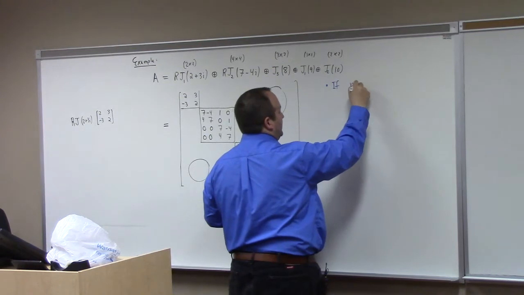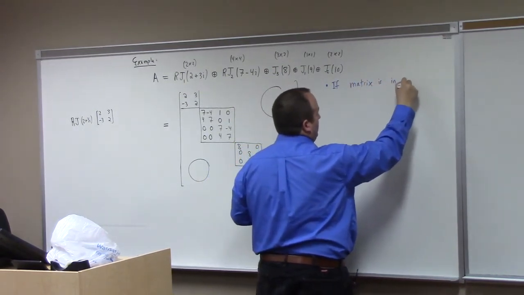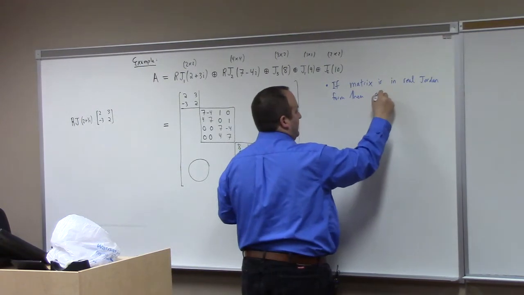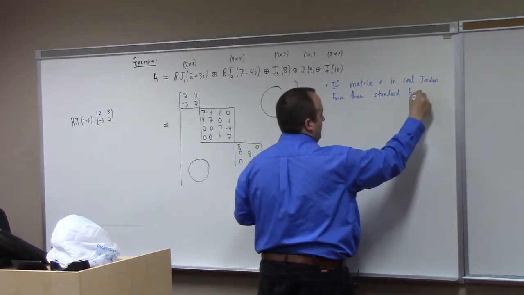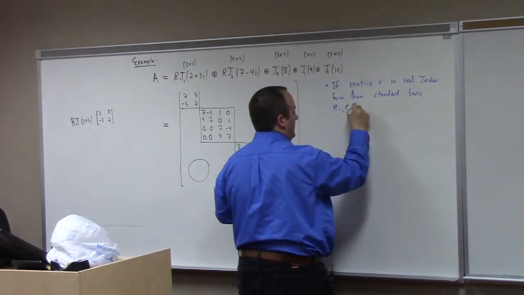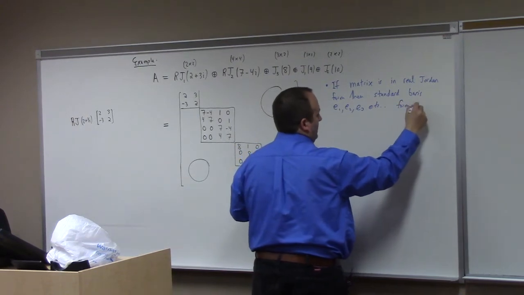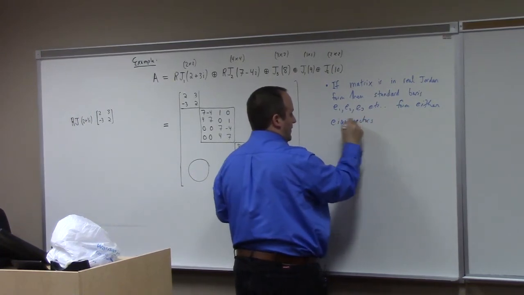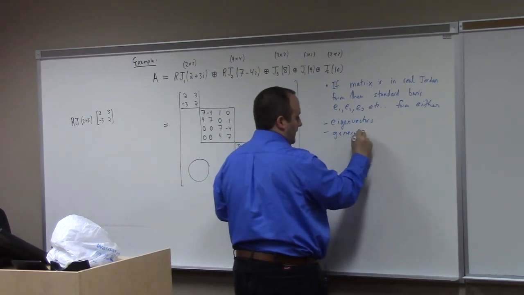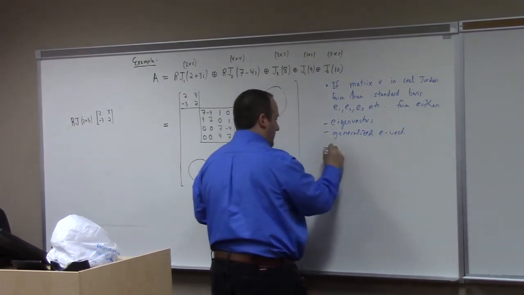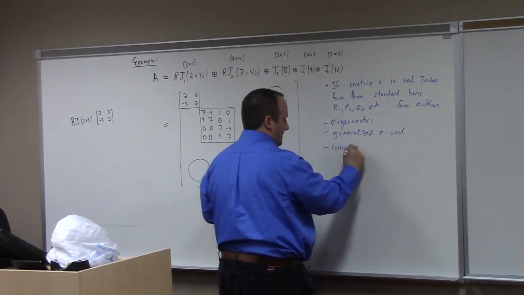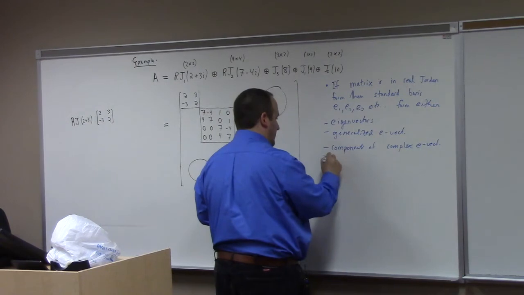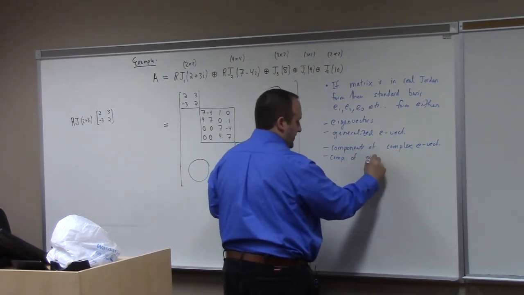If a matrix is in real Jordan form, then the standard basis E1, E2, etc., form either eigenvectors, generalized eigenvectors, components of complex eigenvectors, or components of generalized complex eigenvectors.